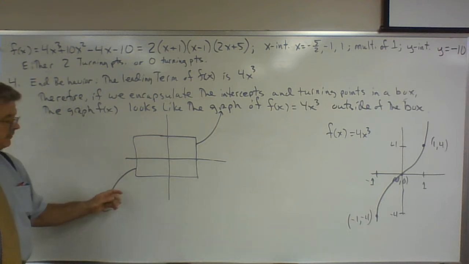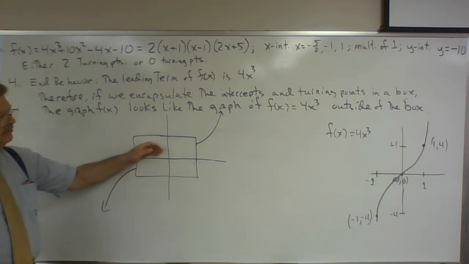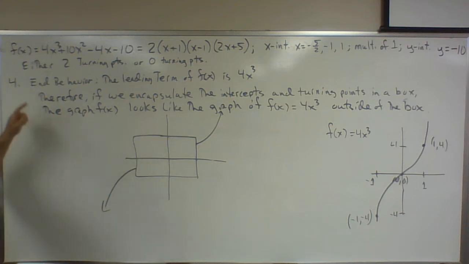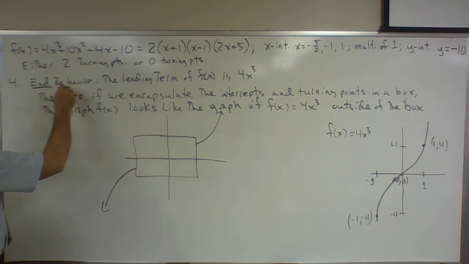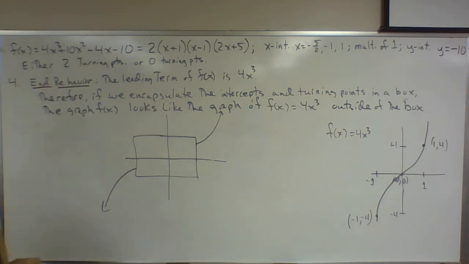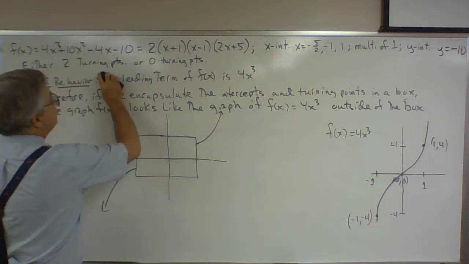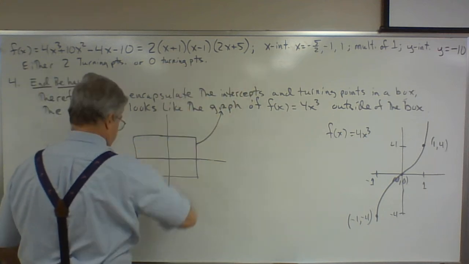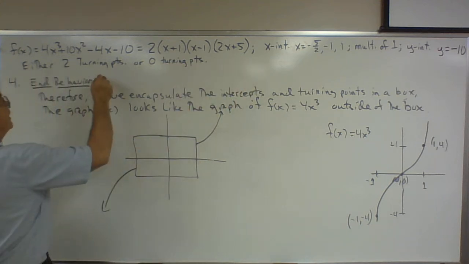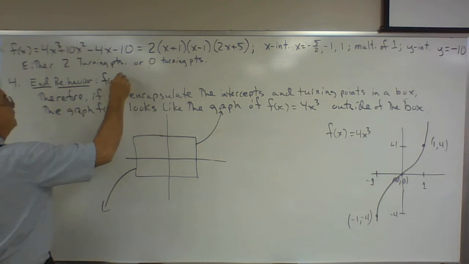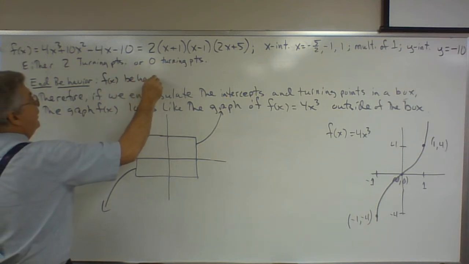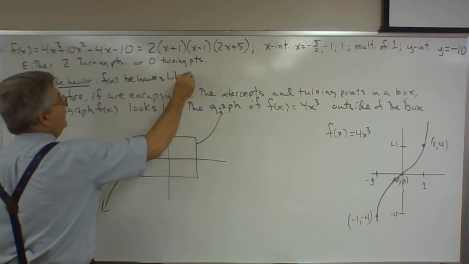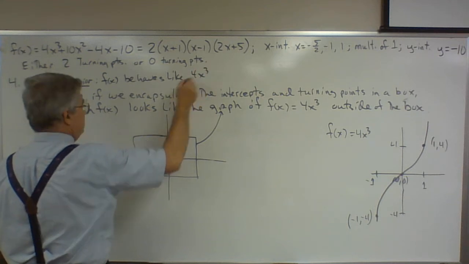And what the function looks like outside of this box is what our authors call end behavior. So the bottom line is f of x behaves like 4x cubed.